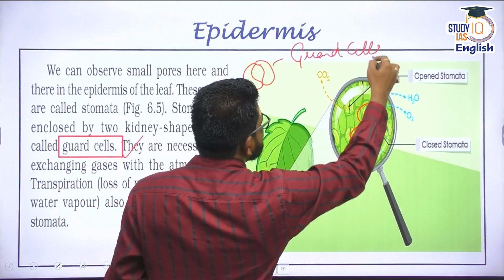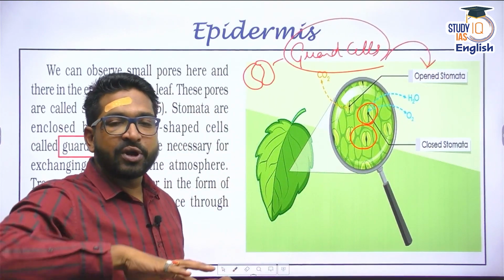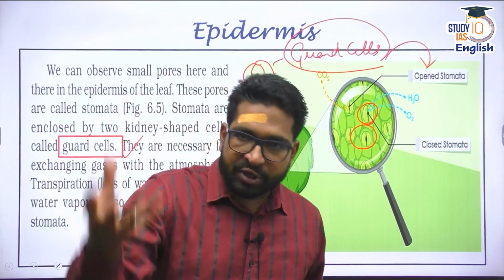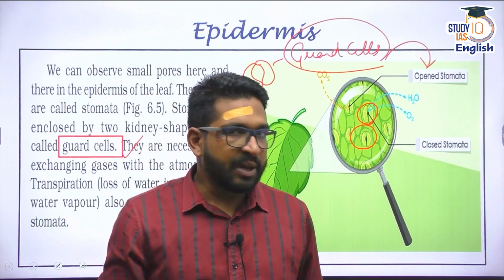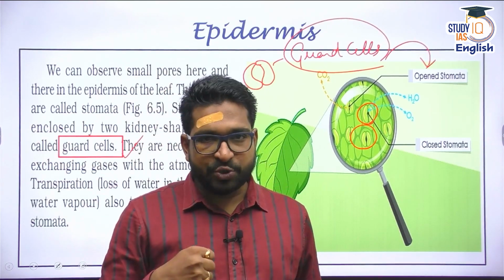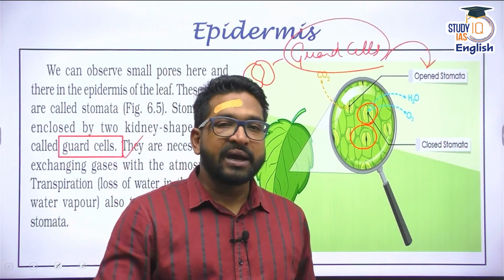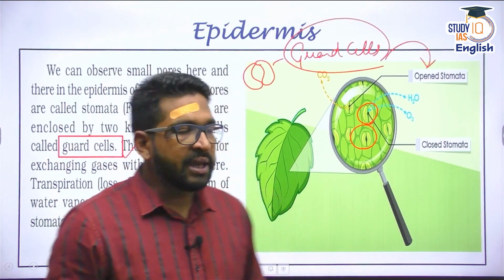Now, these guard cells together form stomata, and stomata is responsible for transfer of water, that is, transpiration happens through the stomata itself. Gas exchange happens through the stomata itself, meaning the plant takes in carbon dioxide via stomata, it leaves oxygen via stomata, and it also leaves excess water through transpiration by stomata.